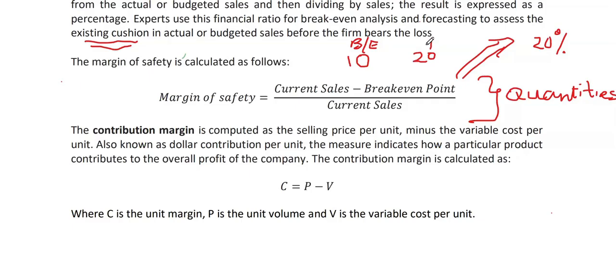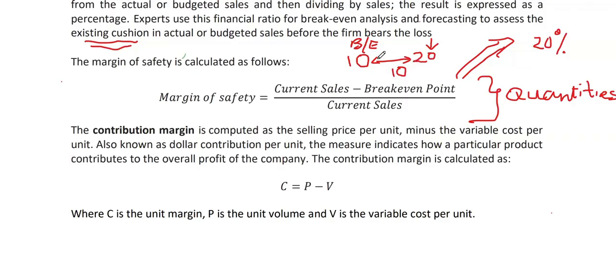But you know that you're performing at a sales level of 20 units. Then your margin of safety in raw numbers would be 10, the area between the two. In absolute terms, your margin of safety is 10. You with me?